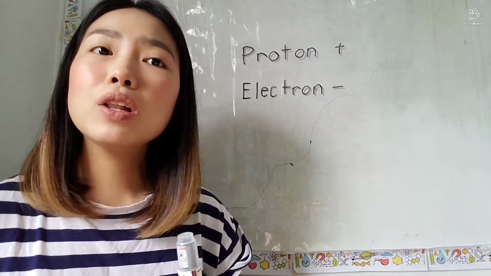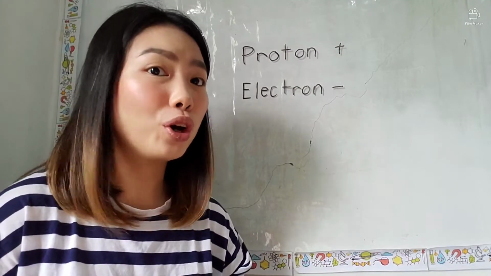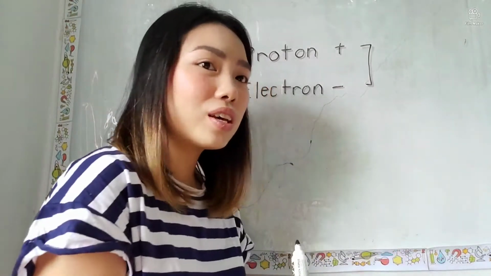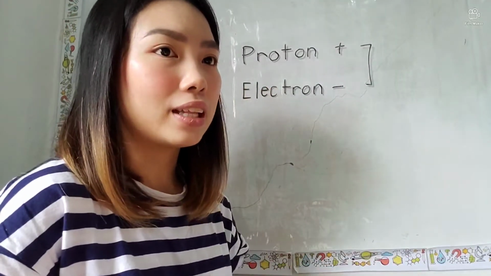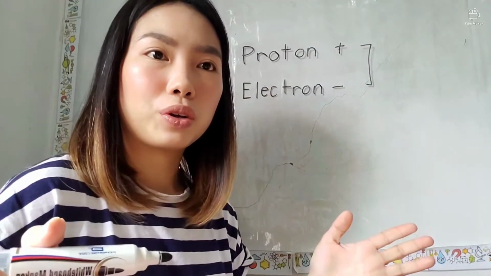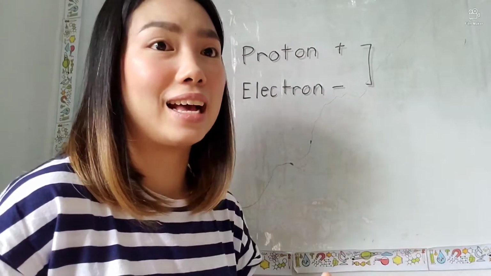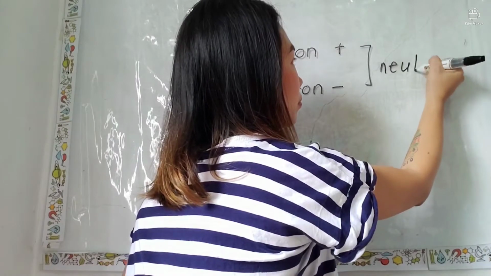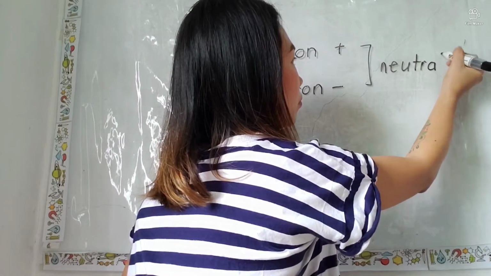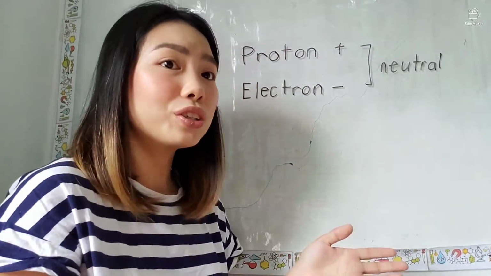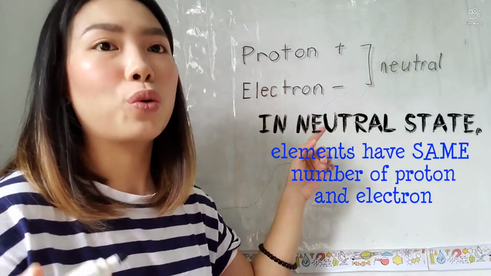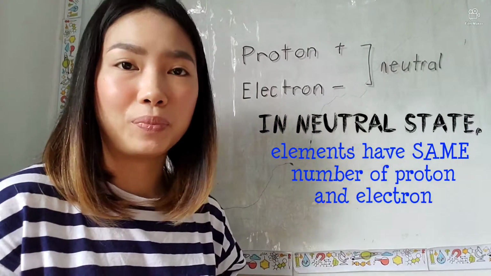But, if we take a look at the number of electrons and protons in a neutral state, when we say neutral, yung element natin is in neutral. Yung balance lang. So, in a neutral state, you always take note that proton and electron would be of the same number.